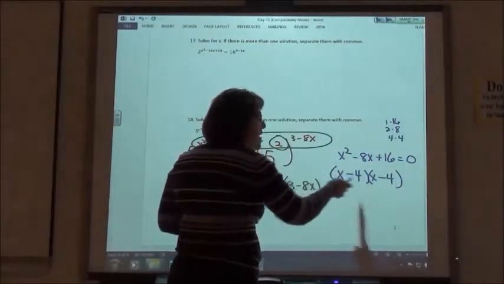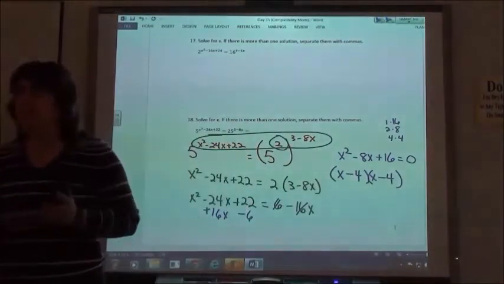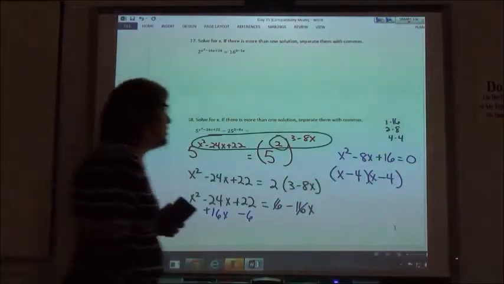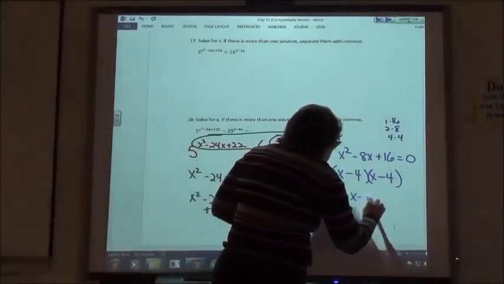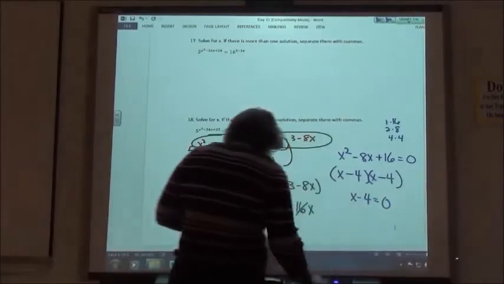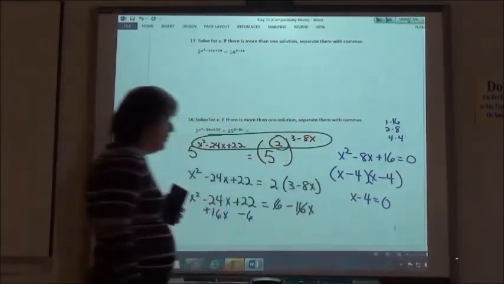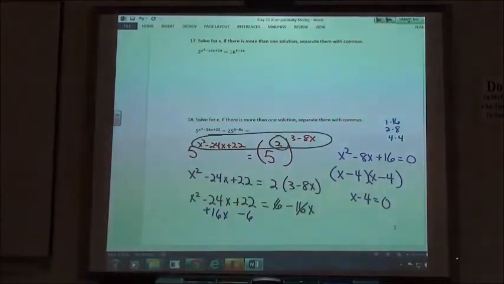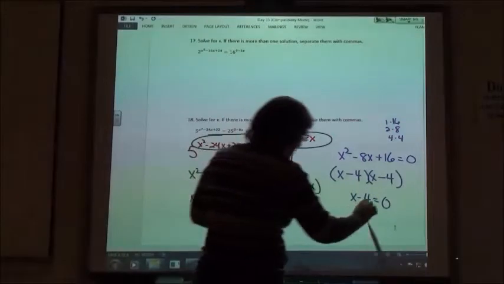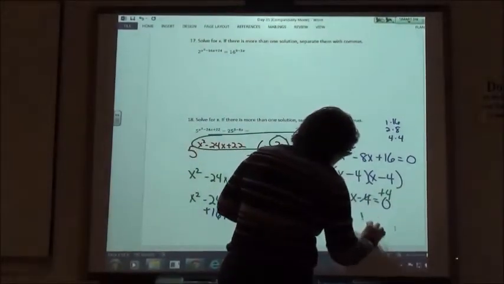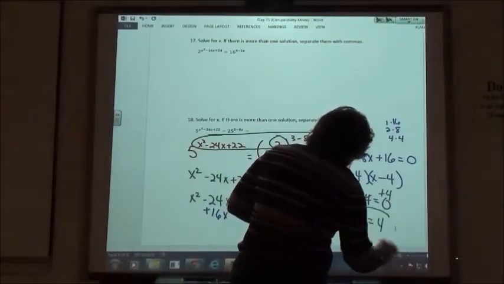So this time I've got the same thing twice. I don't have to solve it twice because it's going to give me the same answer. So I'm just going to say if x minus 4 equals 0, then I've got to solve that for x, so you're going to put plus 4. So x equals 4.